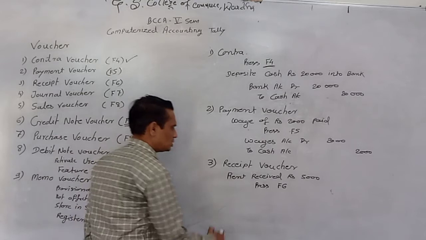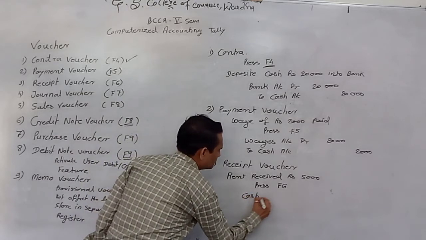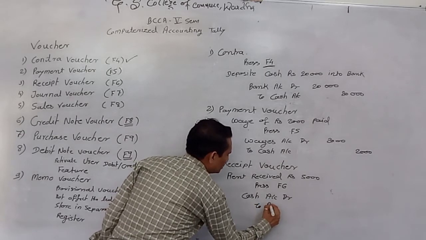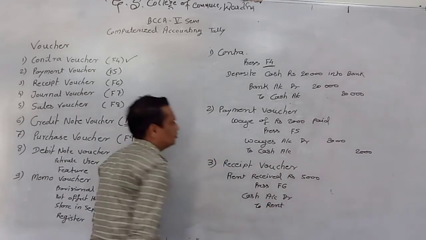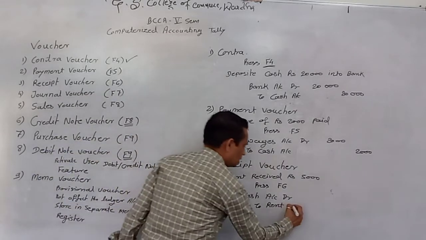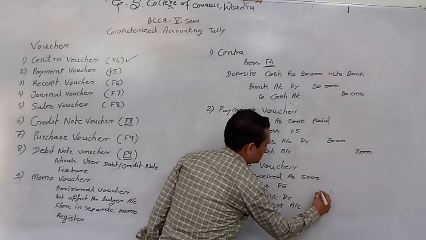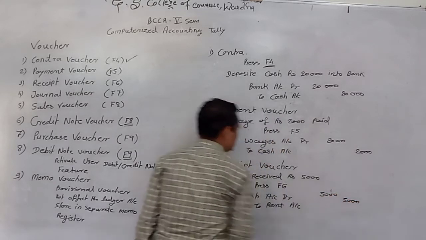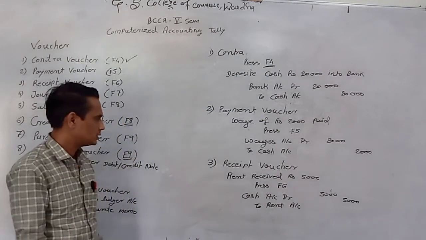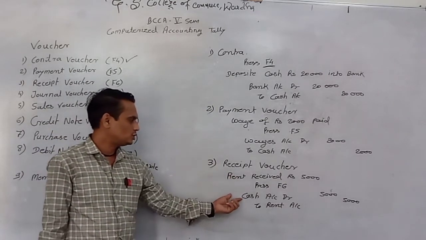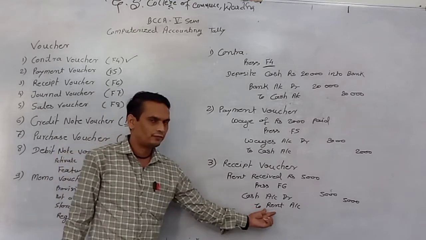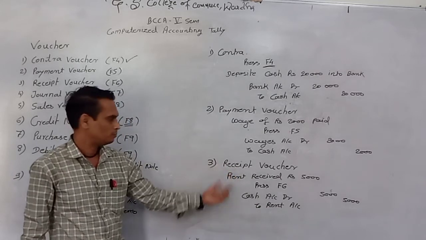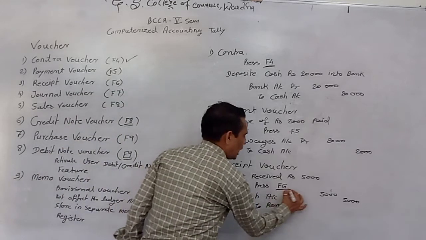Record the transaction: cash account debit to rent account, rupees 5,000, 5,000 debit side, 5,000 credit side. So cash received rupees 5,000 in the form of rent, and the transaction is a type of receipt voucher. And the key for the receipt voucher is F6.